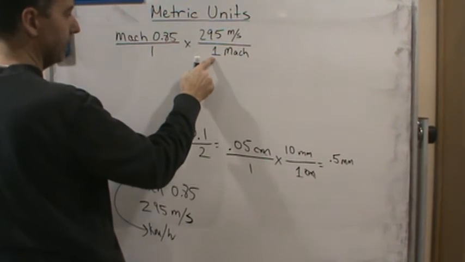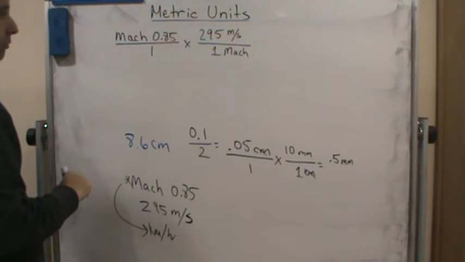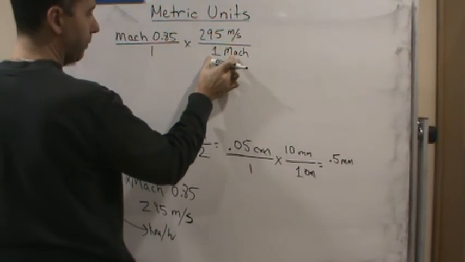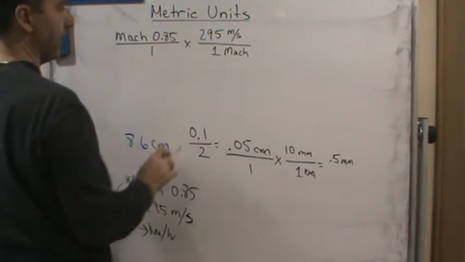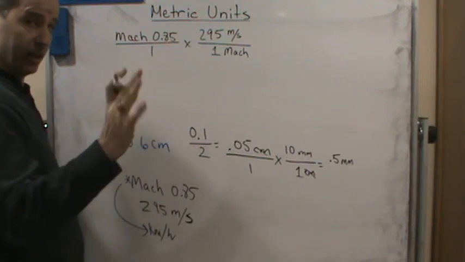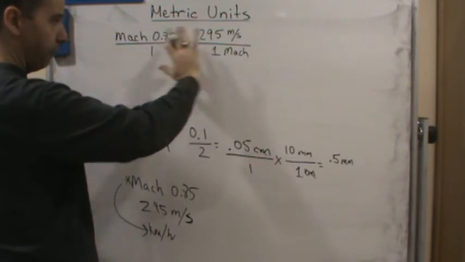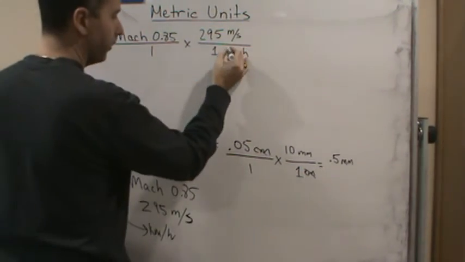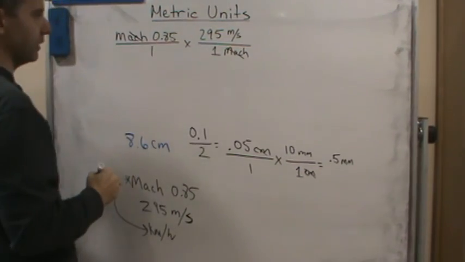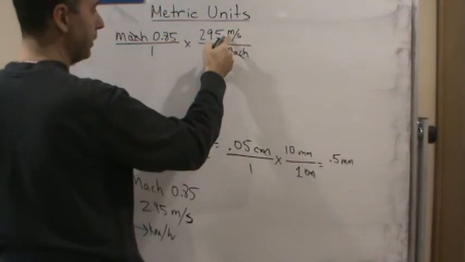Because 1 Mach is 1 times the speed of sound. So if you're going 1 Mach, then you're going 295 meters per second. So then the Machs cancel. It kind of looks weird. It's a little different than what we've been doing, but the process is still the same. So Machs cancel with Machs, right? So now what do we got? Now we're in meters per second.